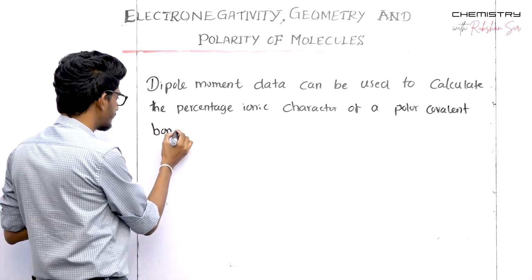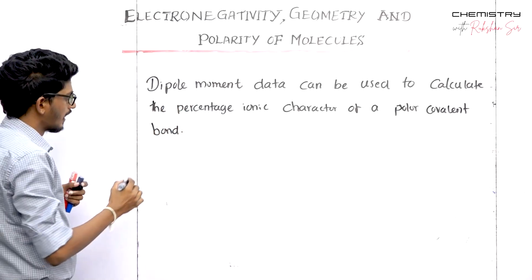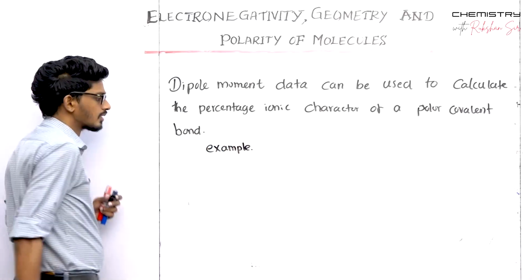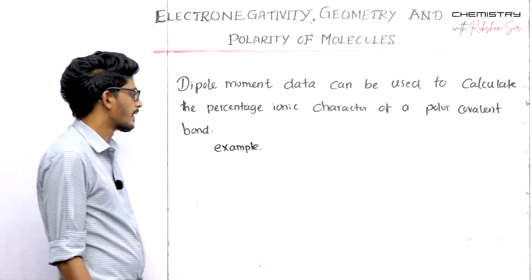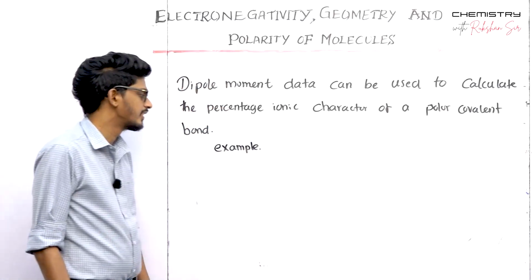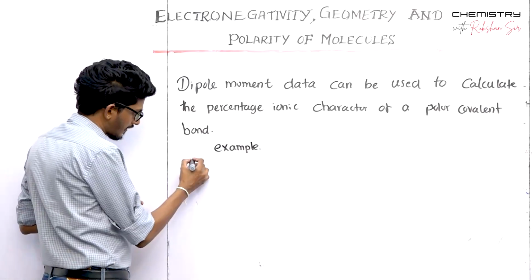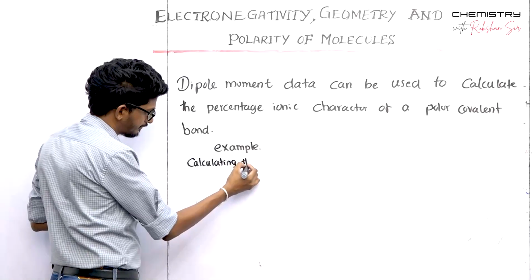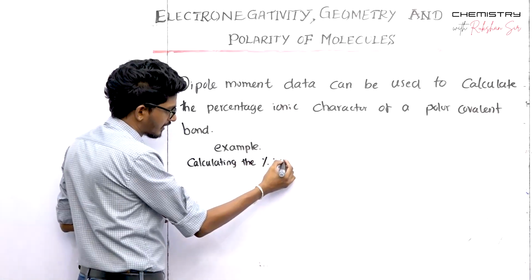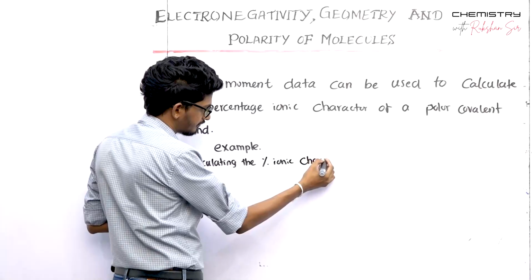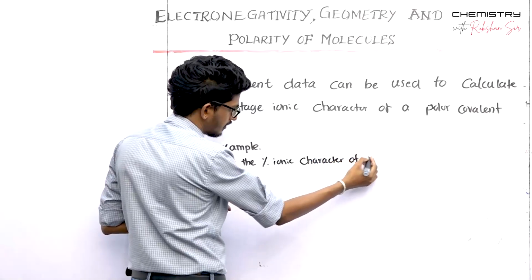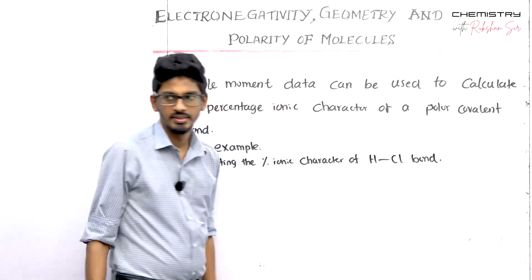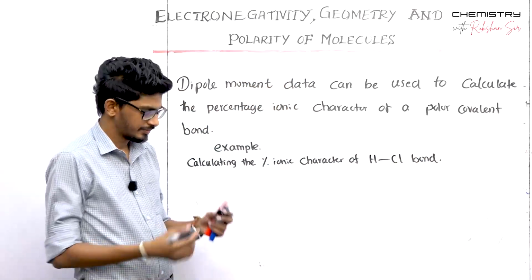Let's see how. I'll come with an example. Let's calculate the percentage ionic character of the HCl bond. Let's see how to calculate this.